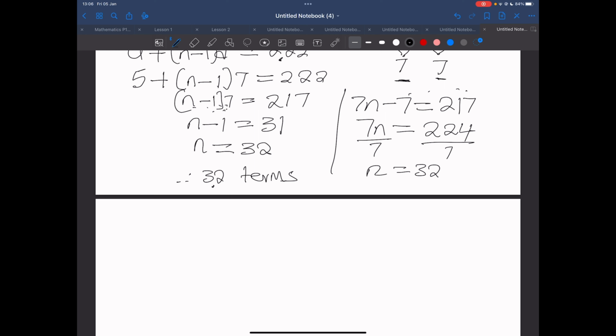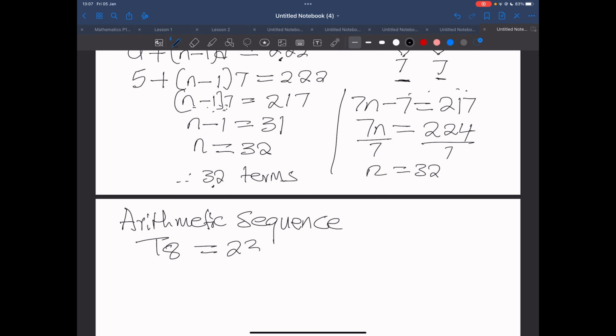For example, in an arithmetic sequence, we are given two terms. Let's say they say term number 8 is 23.